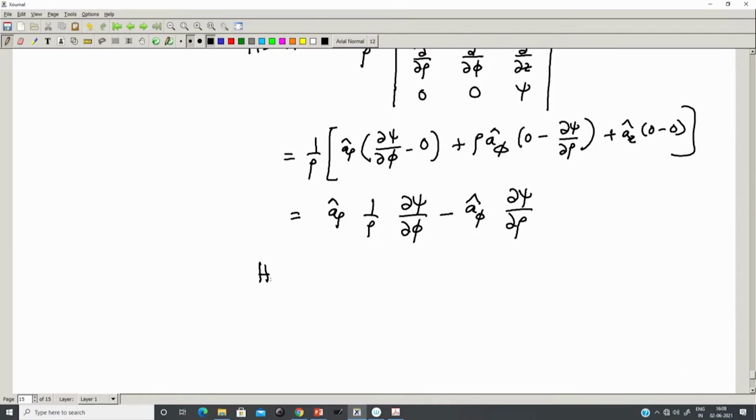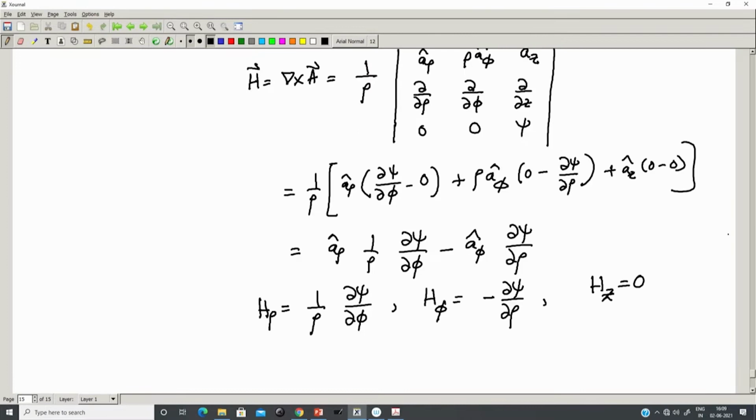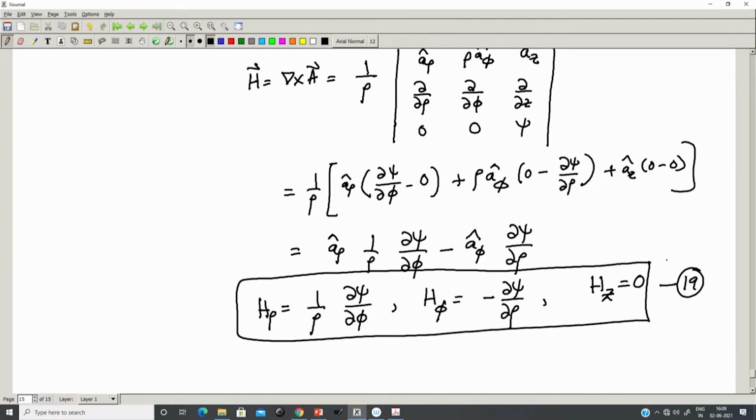So, H rho is given by 1 by rho del psi del phi, H phi is given by minus del psi del rho, and H z is given by 0. That we can easily deduce from the above equation. We call this set of equations for the magnetic fields equation number 19.